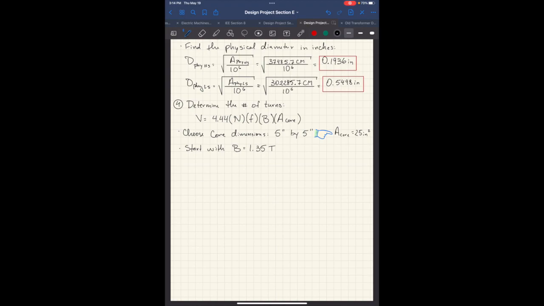Now we're going to convert the area of the core, 25 inches squared, into meters squared, because the equation is designed for meters squared. If you convert it, it ends up being 0.016129 meters squared.